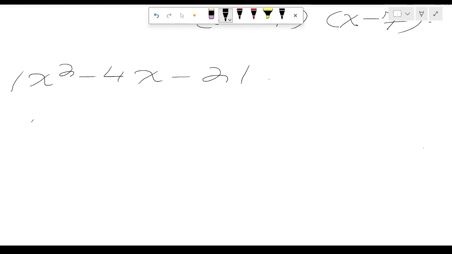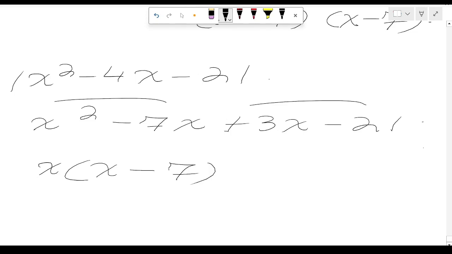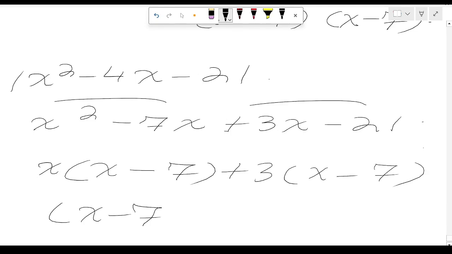So I'll just write here x square, and then negative 7x plus 3x minus 21. Then I have these 4 terms, and I'll make 2 pairs out of them. I'll take x as common: x bracket x minus 7, then I'll take 3 common: plus 3 bracket x minus 7, and then I'll write x minus 7 and x plus 3.